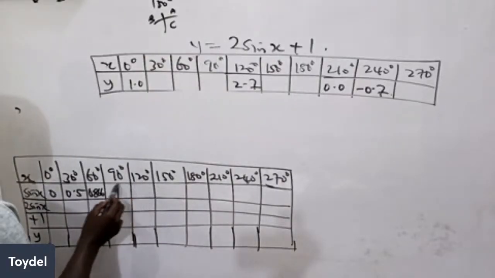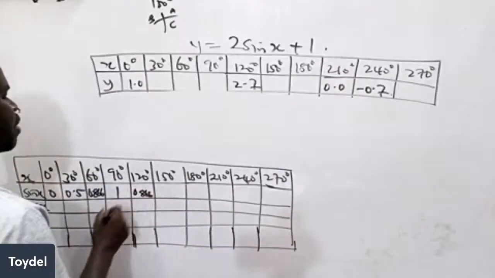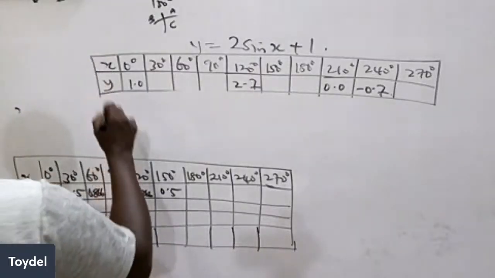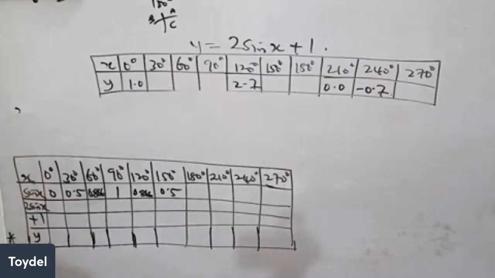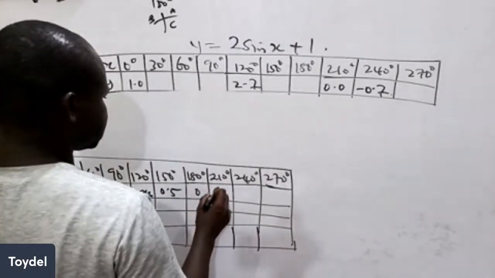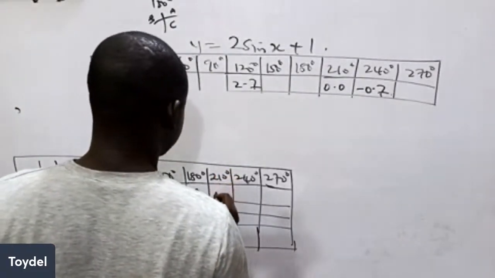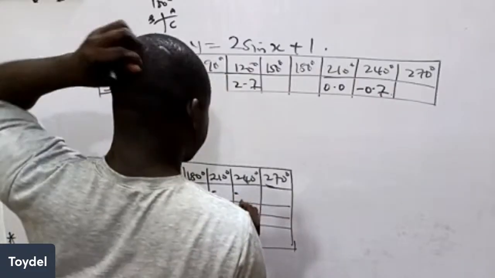Sin 120 is the same thing as sin 60, so this will be 0.866. Sin 150 is the same thing as sin 30, which is 0.5. Sin 180 is 0. Sin 210 should be minus 0.5. Sin 240 will be negative.